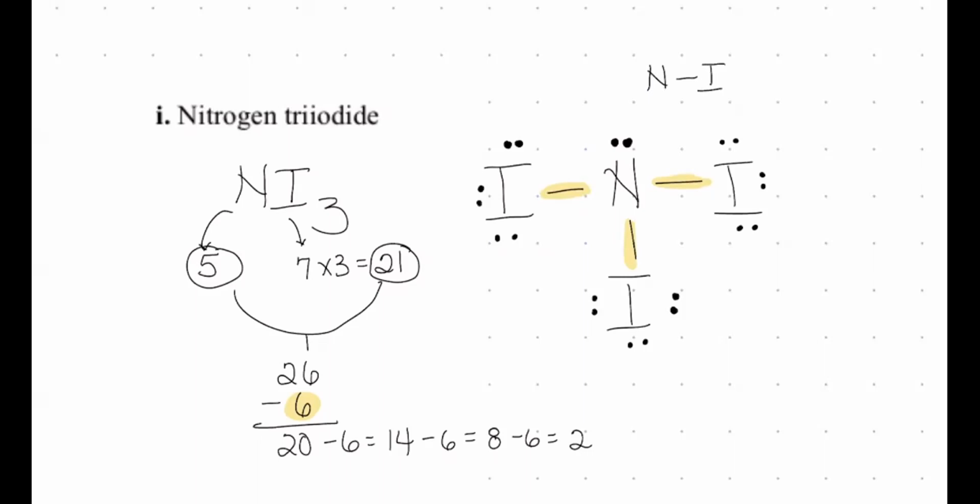Your strategy is to go to the table for electronegativity. You're going to copy the numbers down. So nitrogen is 3.0. Iodine is 2.5. The difference between them is 0.5.